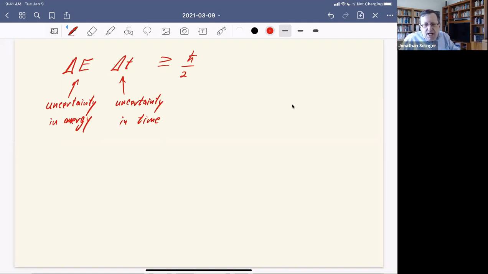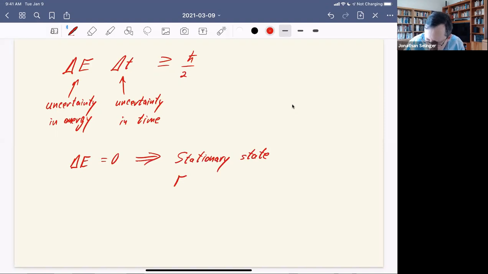And if there is zero uncertainty in the energy, if delta E equals 0, that means we're in a stationary state, otherwise known as an energy eigenstate, like one of the special states of the harmonic oscillator, for example.